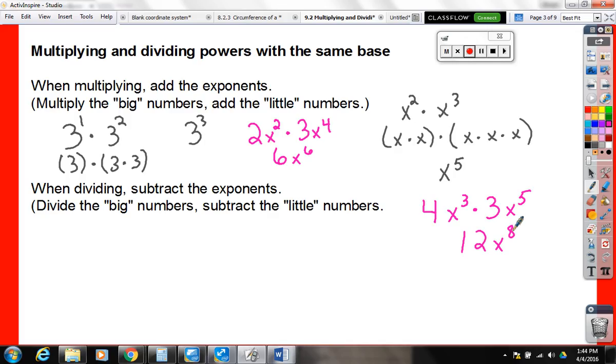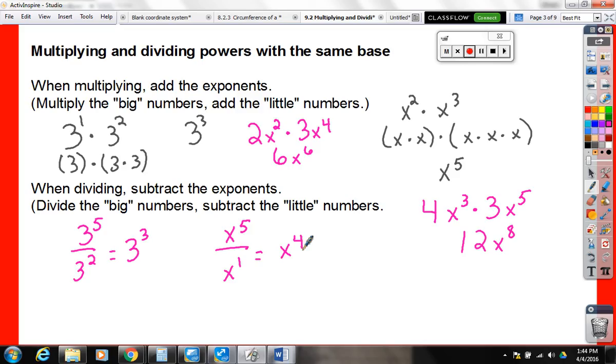Okay, when you're dividing, you're going to subtract exponents. So if we had 3 to the fifth divided by 3 squared, same base, different exponents, 5 minus 2 is 3. So that's the same as 3 to the third power. Another example, if we have x to the fifth divided by x to the 1, bases are the same, x is the base, we have x to the fourth. Good.